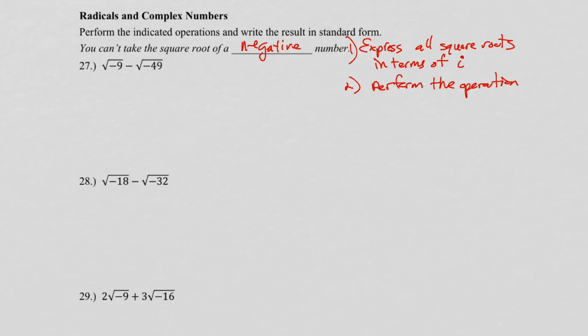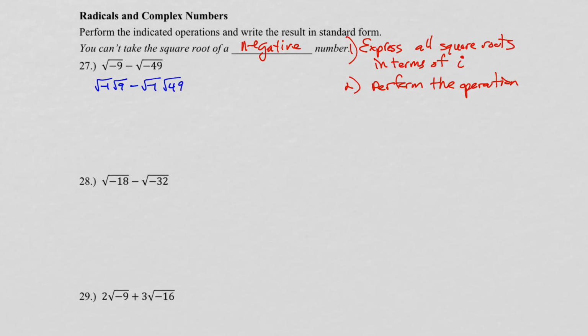All right, so I'll show you in a minute. So let's see here. We have -9. Remember, you're going to take that -1 out, and this -1 out here.